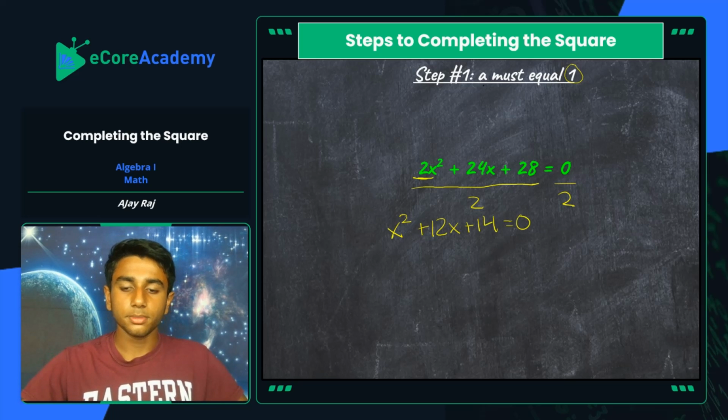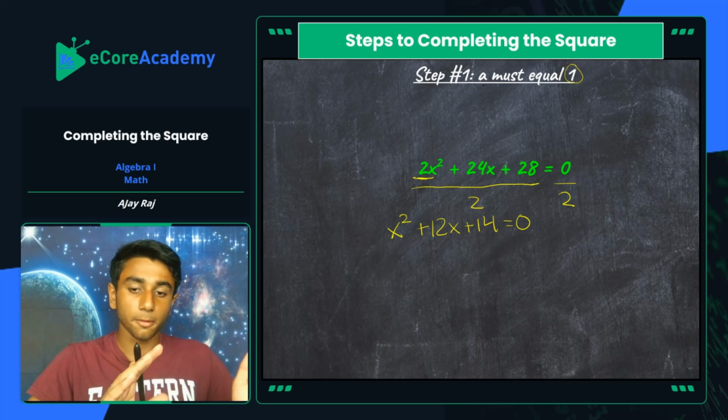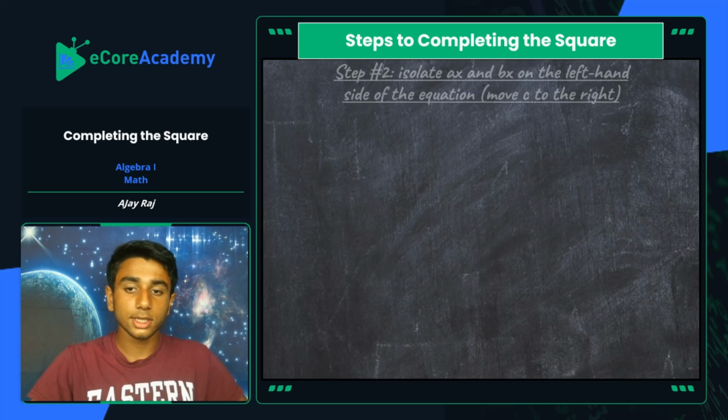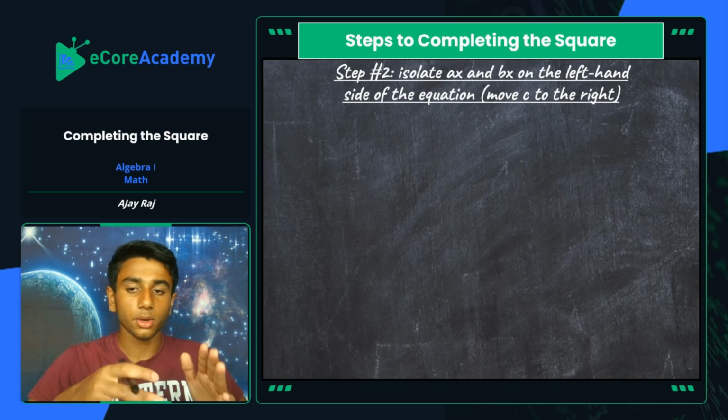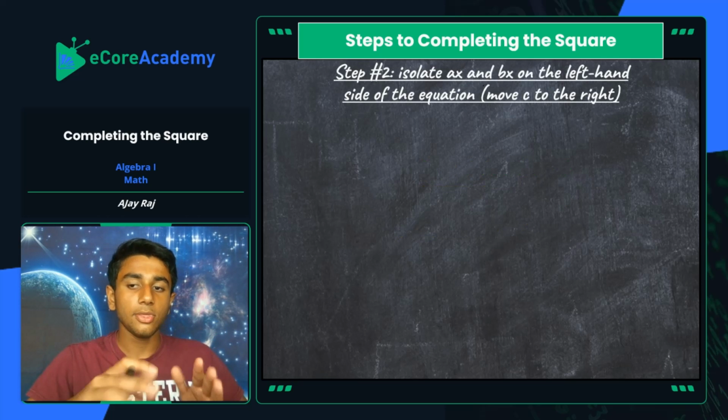All right, so now we're going to move on to the second step. Now that we've made a equal 1 and kept our entire standard form equation on the left-hand side equal to 0, the next thing we're going to do is isolate the ax squared term and the bx term on the left-hand side of the equation.